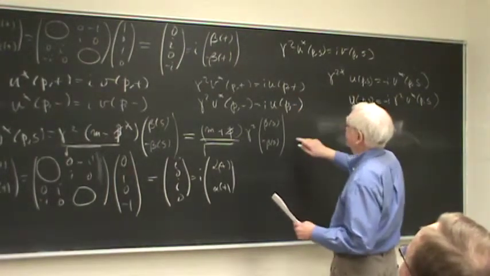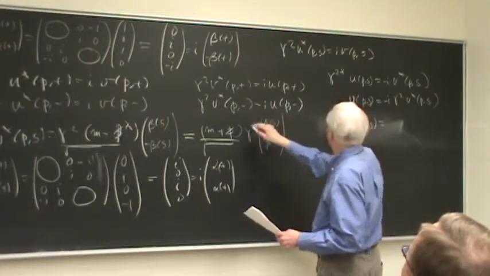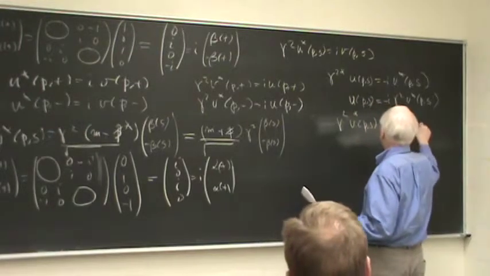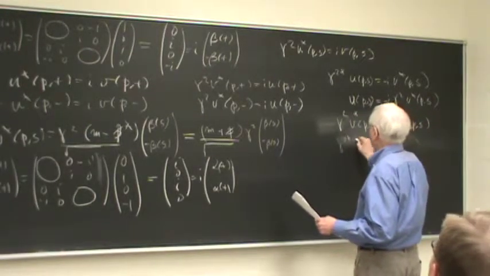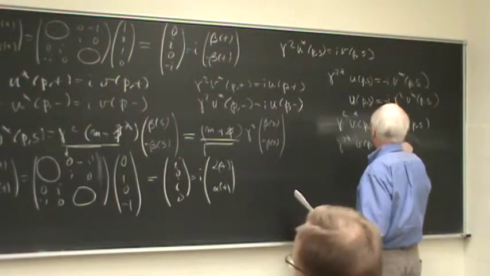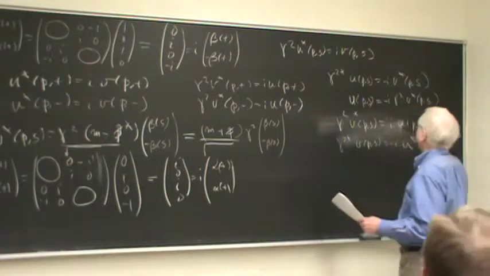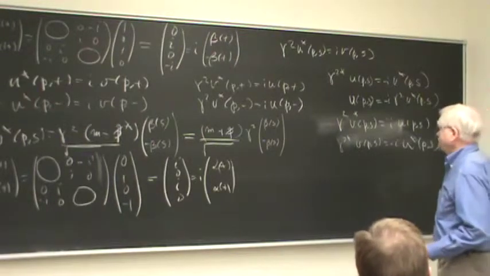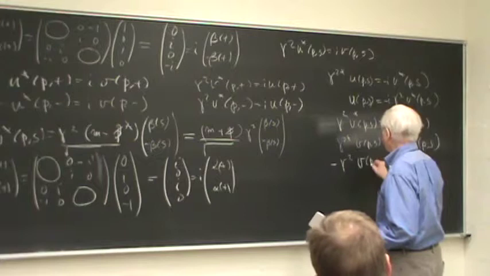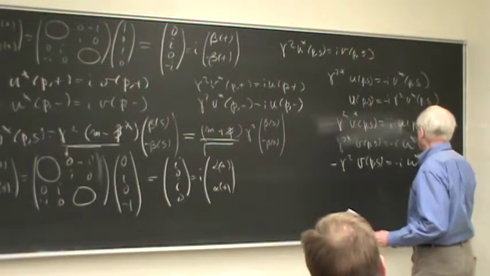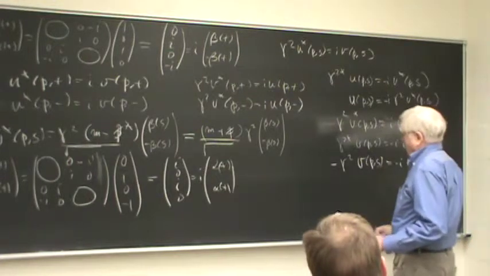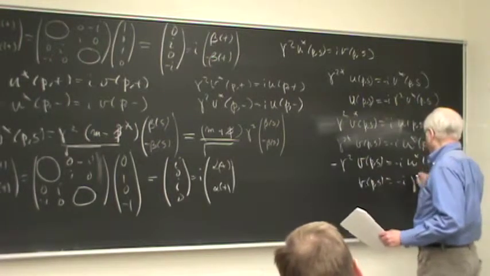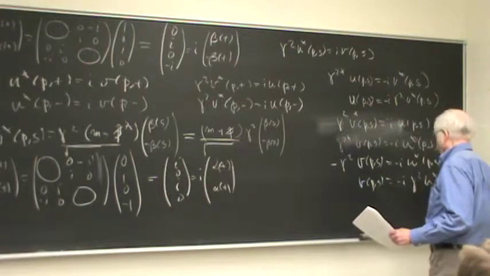What this says then is gamma 2 U of P and S, the star, is I U of P and S. So that's gamma 2 star V of P and S is minus I U star of P and S. This is minus gamma 2 V of P and S is minus I U star of P and S. Multiply by gamma 2, we get 1, so V of P and S is minus I gamma 2 U star of P and S. All right.